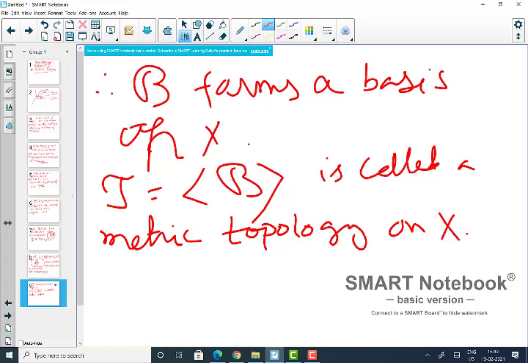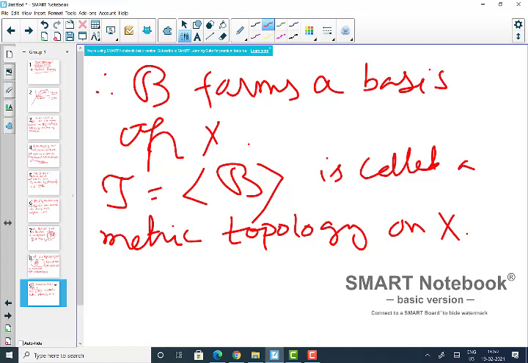on X. Clear? So the metric topology is actually coming from a metric. The moment you have a metric, you can define the open balls, open sets. Those are actually basis elements. And the moment you have a basis, you can generate the open sets. You collect all the sets which contain a basis element, and obviously open.